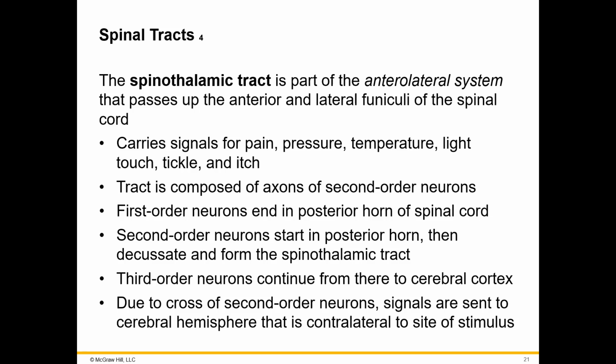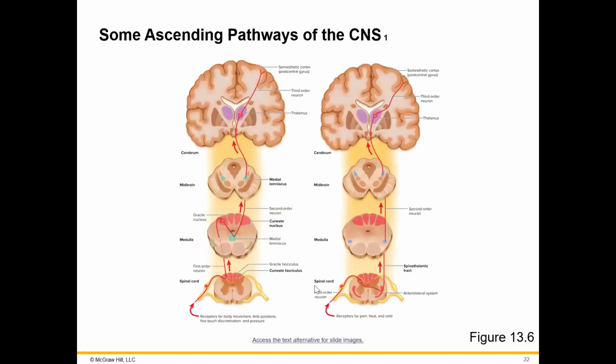Because we perform this decussation and form the spinothalamic tract, we end up at the opposite side in our cerebral cortex. So signals are sent to a region in a cerebral hemisphere that is opposite or contralateral from where the signal originated. So here is the decussation.